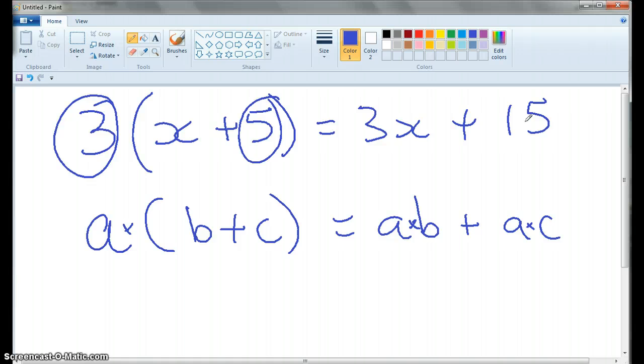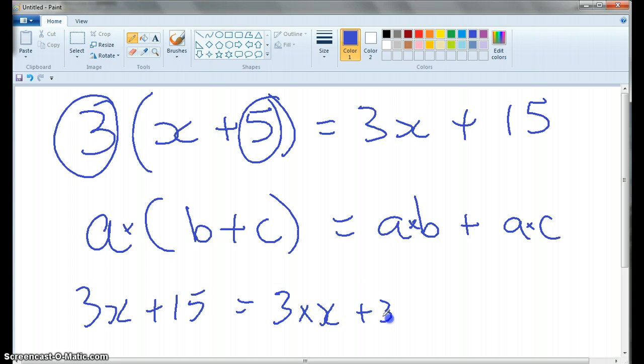Going back the other way, if you had 3x plus 15, you would notice the highest common factor. That's 3 times x plus 3 times 5. So 3 is common to both, so 3 times (x plus 5).